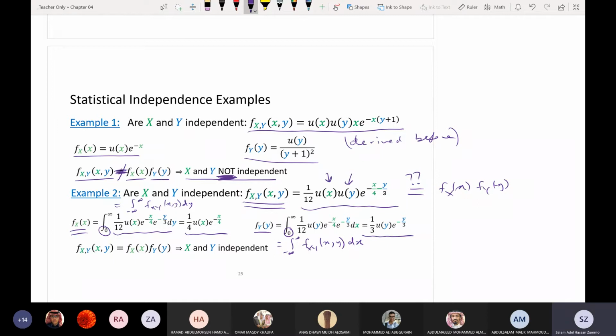So now, putting them together, multiplying fx of x, fy of y, you can see that they are the same as the joint PDF. So equality holds. Okay? And because of that, they are independent.